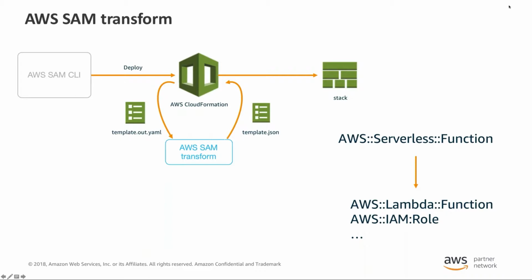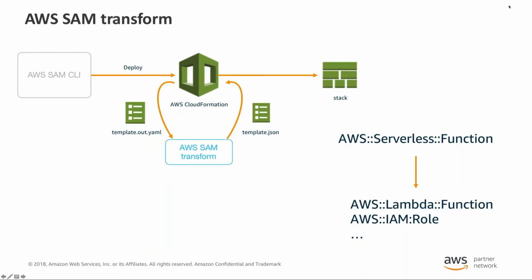So what the SAM transform is responsible for doing is taking those serverless resource types and converting them into native CloudFormation resources. A serverless function itself may be converted into a Lambda function, as well as an IAM role, as well as any other implied resources that get generated as a result of the event mappings that you create.